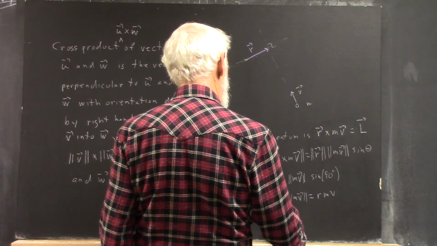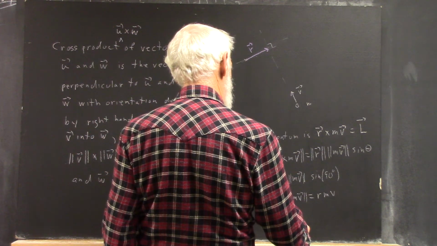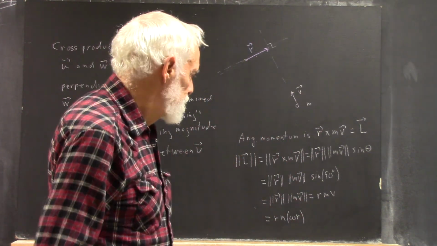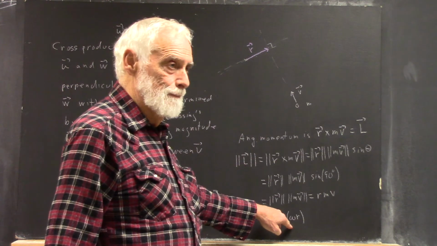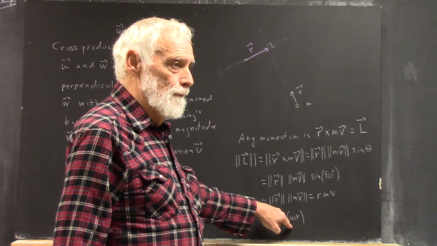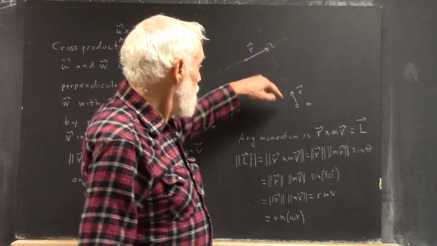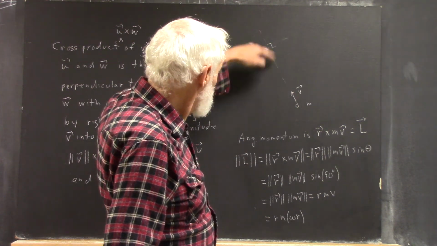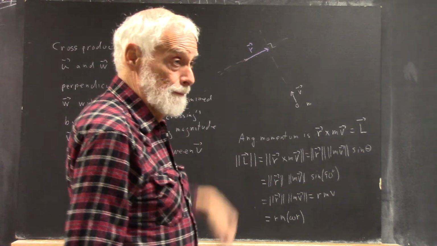But V is omega R, which is the omega R we get if we assume the thing was hitting with that velocity, moving in this circle.